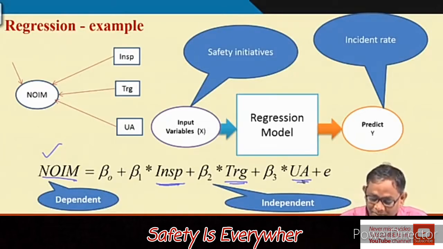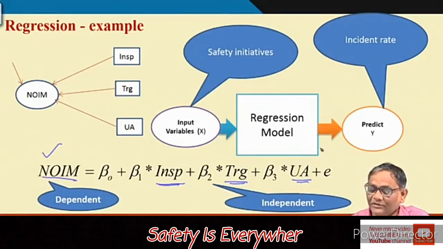Hypothetically we will collect data, but if good inspection for hazard identification is practiced and hazard removal is practiced, it is quite possible that this will ultimately lead to a lower number of incidents per month. Similarly, if people are competent enough, if through training their competency level is improved, then they will be less involved in accidents.